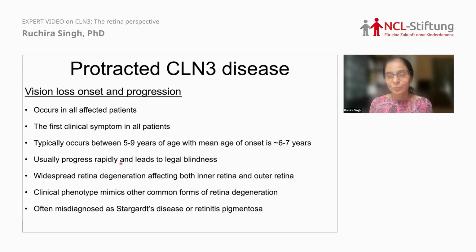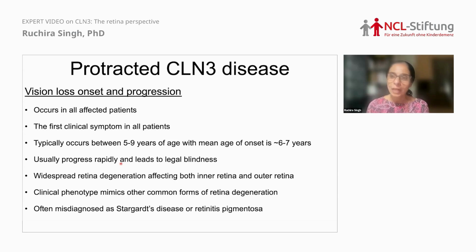Similar to the classic CLN3 disease, vision loss is also seen in all patients with protracted CLN3 disease. Again, it's the first clinical symptom in the protracted CLN3 disease patient group too. The age of onset is around 5 to 9 years of age, with a mean age of onset, again, between 6 to 7 years.